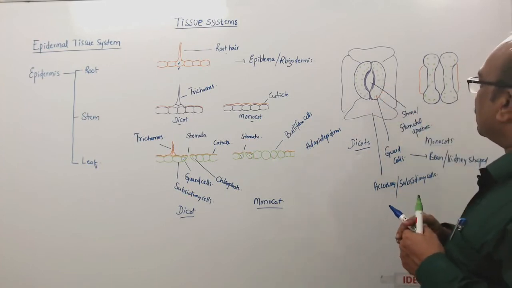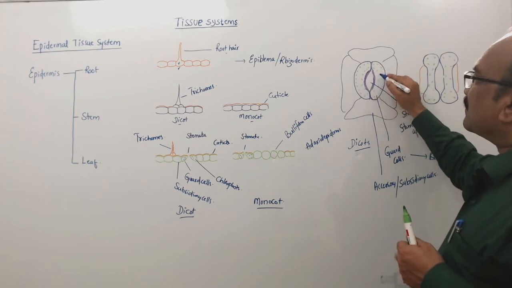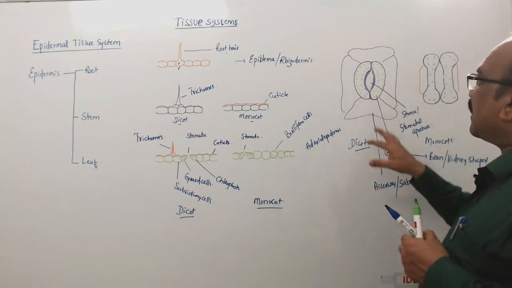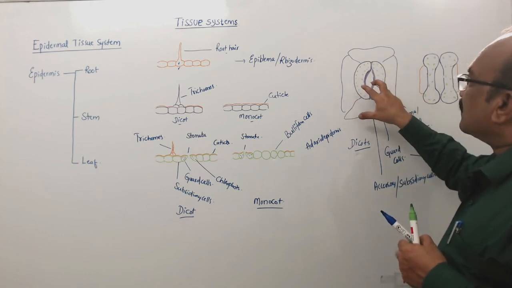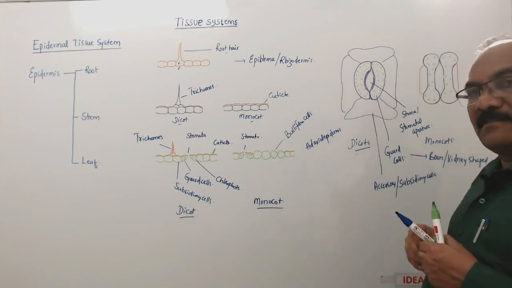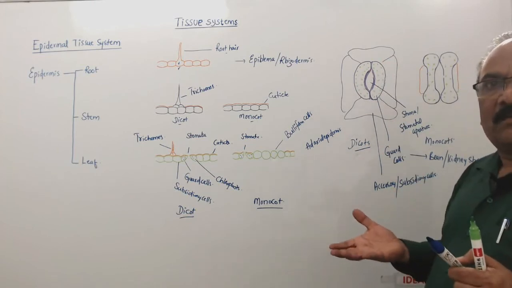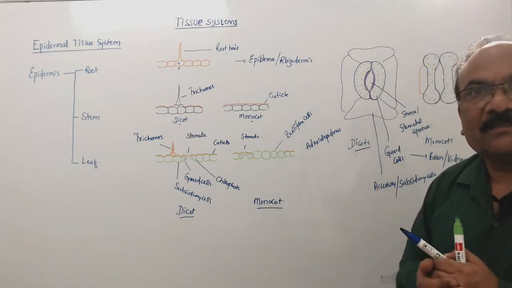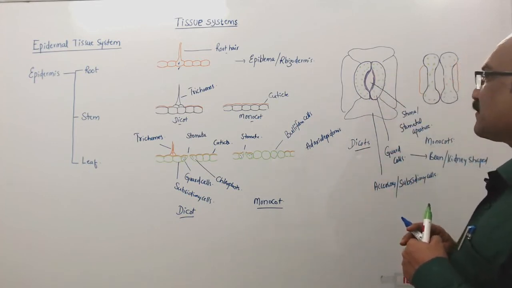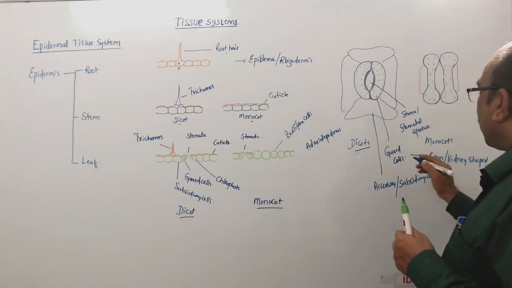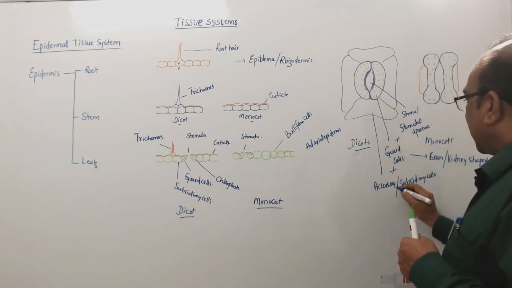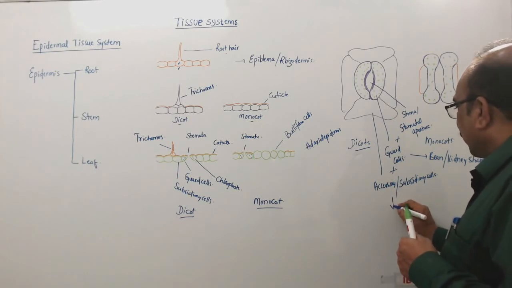And you can see that these guard cells are provided with what? The chloroplast. So only guard cells will have the chloroplast, and the cells which are in the vicinity of the guard cells, means close to the guard cells, are called accessory or subsidiary cells. But remember that this stoma plus guard cells plus these accessory subsidiary cells all work together.